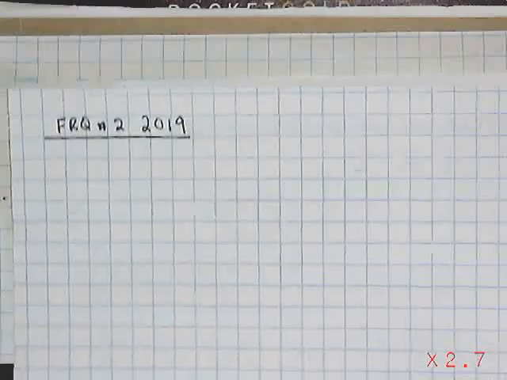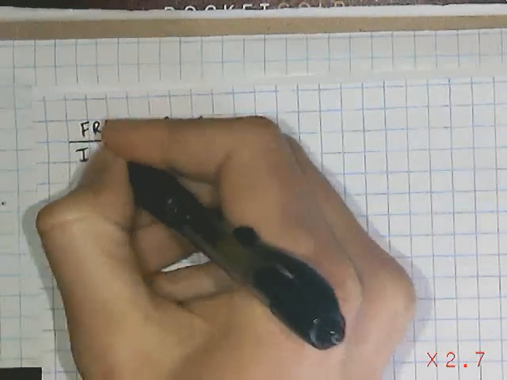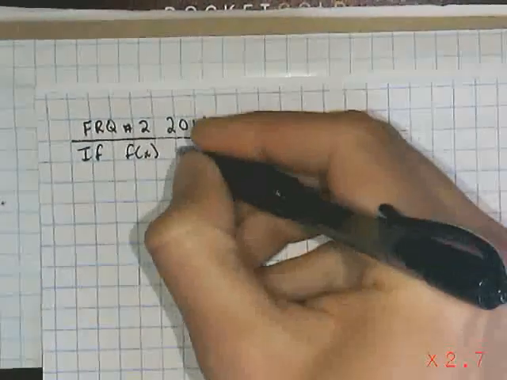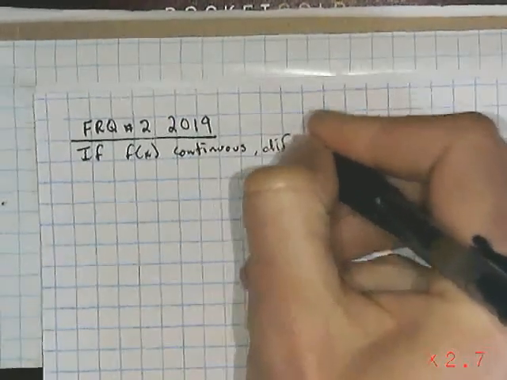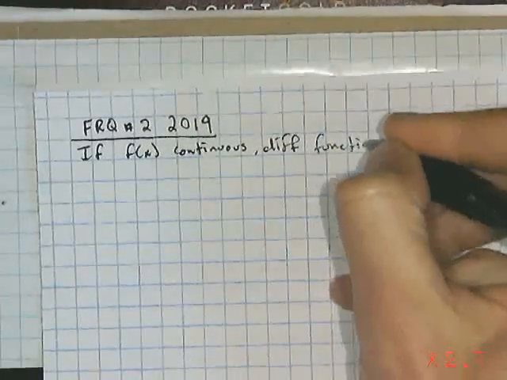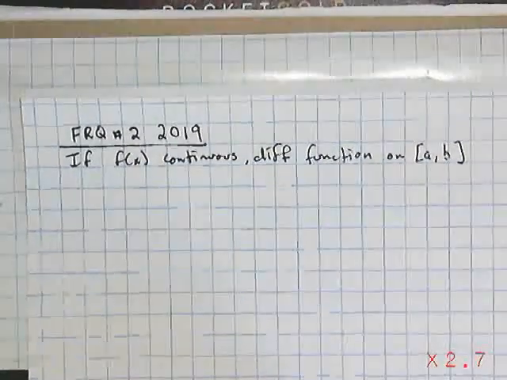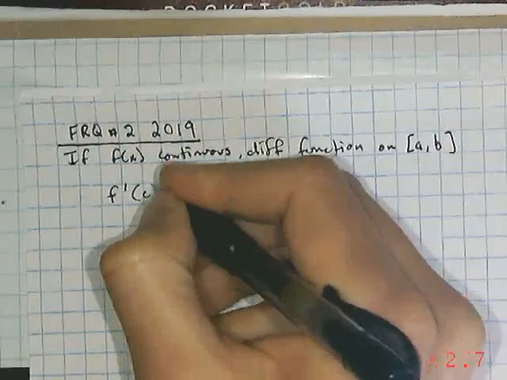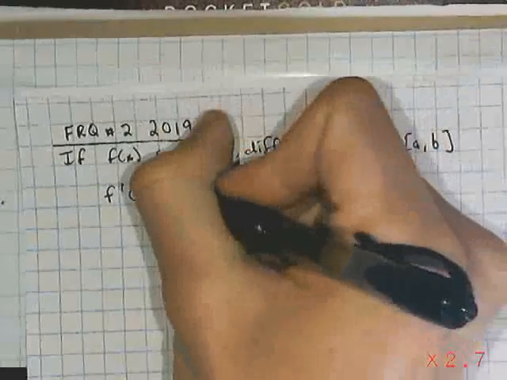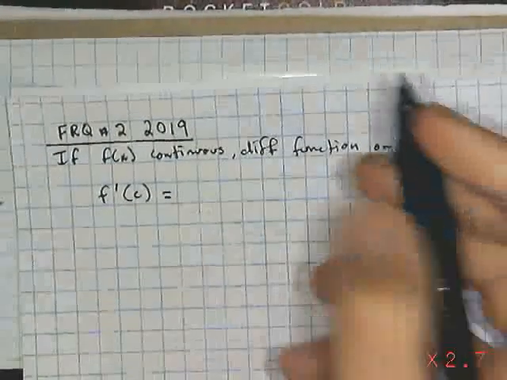So back to the quick review of the MVT. MVT tells us that if f of x is some continuous, differentiable function on some closed interval, then the following is true: there is some c in that interval such that the derivative of f at c is equal to the slope of the secant of your endpoints.